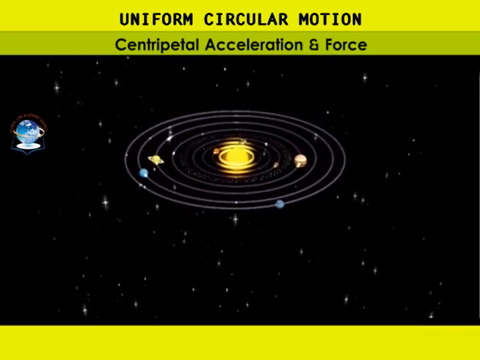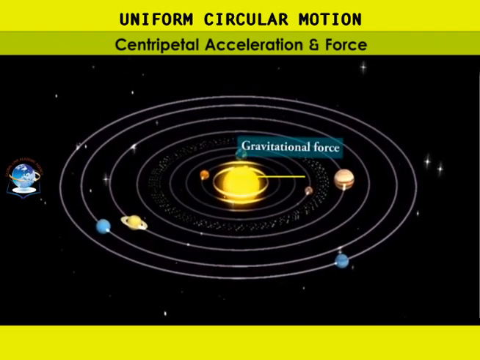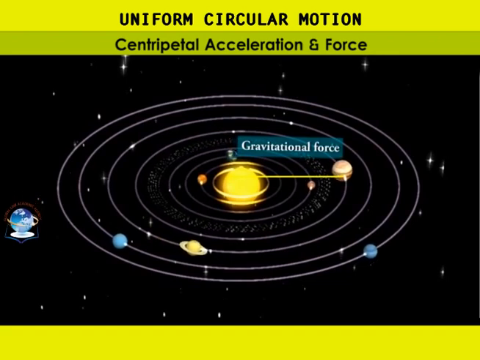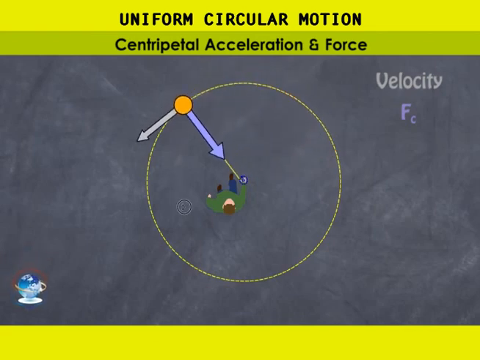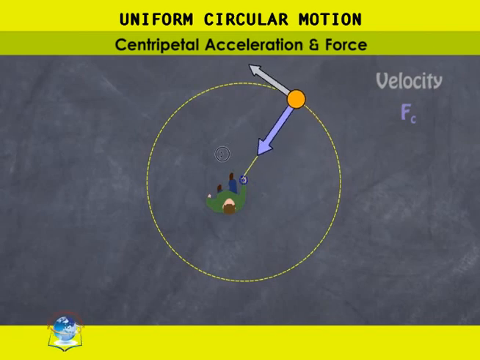The centripetal force for motion of a planet around the sun is the gravitational force on the planet due to the sun. This is the force that keeps the body in the circular path and causes change in the direction of velocity and hence acceleration.